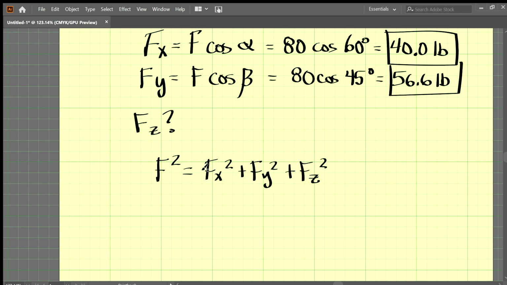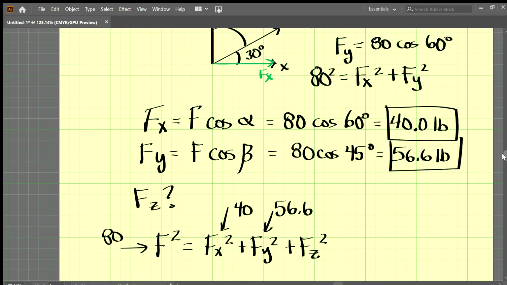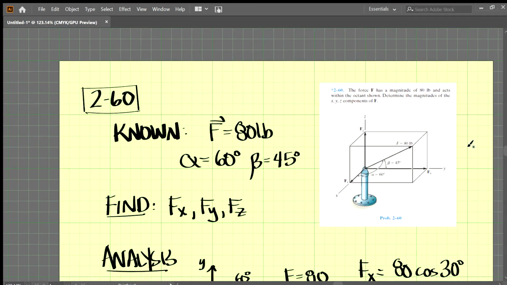So this is the Pythagorean theorem here, and we know that this value is 80. We've already figured out Fx, which is 40, and Fy, which is 56.6. Let's go back up to the problem.